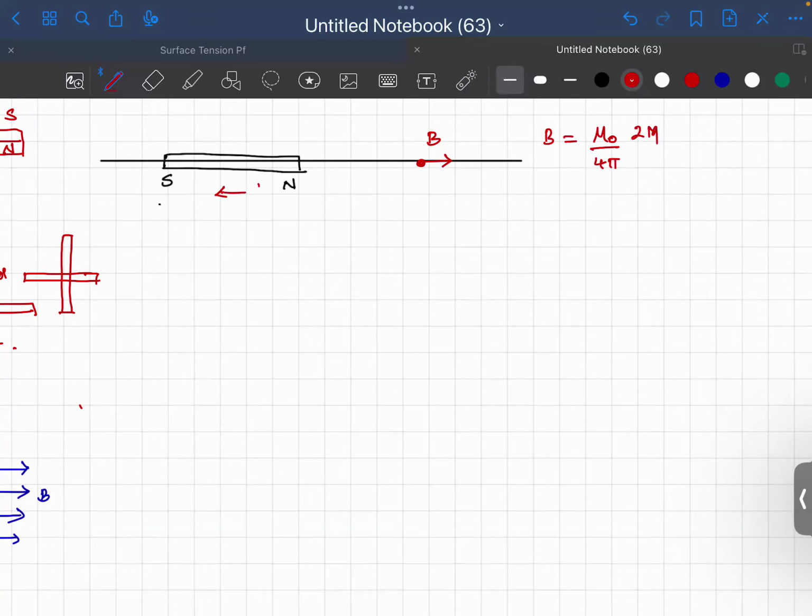Remember, distance is always measured from the center of the magnet. When I am writing this, I am speaking about a short bar magnet, and this line is called the axial line.